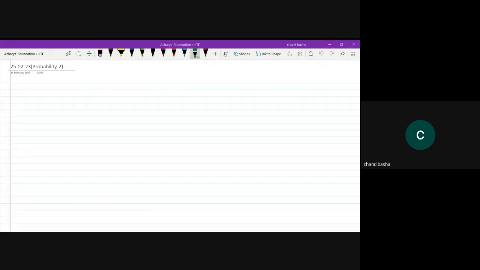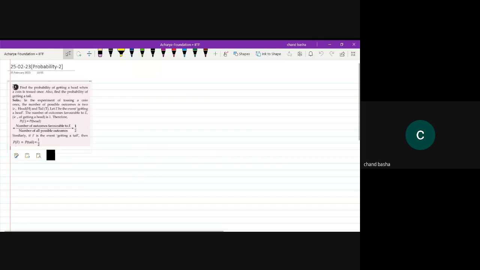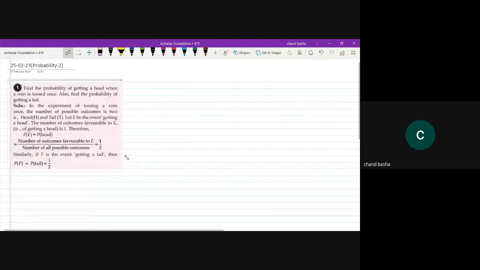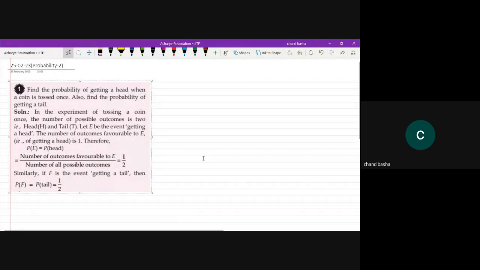So I'll show one example related to this concept. Let us see, guys. We have a question like this: find the probability of getting a head when we toss one coin. Also find the probability of getting a tail.